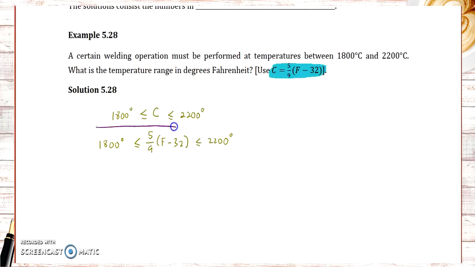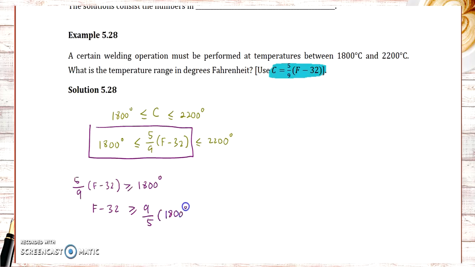We solve the first interval. We have 5/9 times F minus 32 greater than or equal to 1800 degrees. We only want to have F on the left hand side. So we need to eliminate 5/9 from the left hand side by multiplying both sides by 9/5. So we have F minus 32 greater than or equal to 9/5 times 1800.